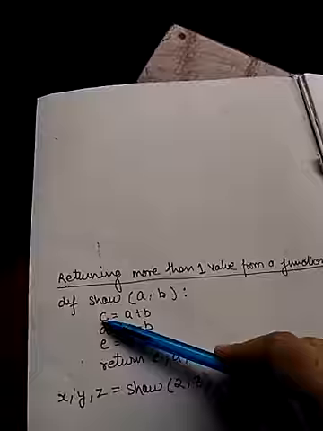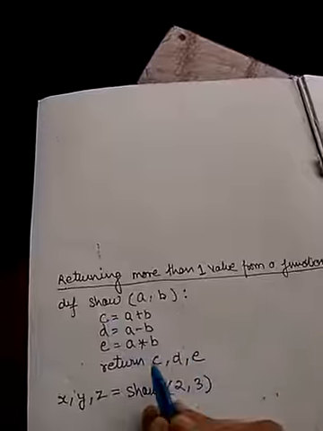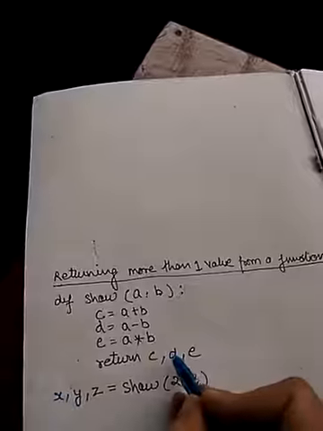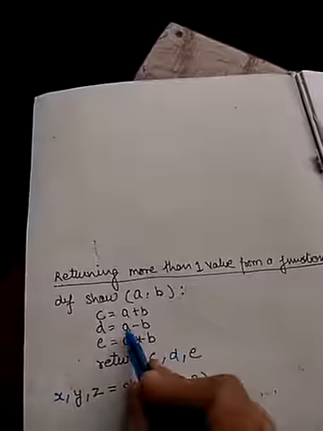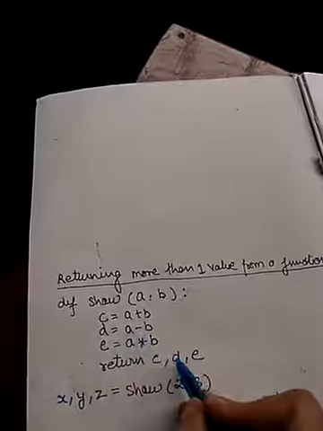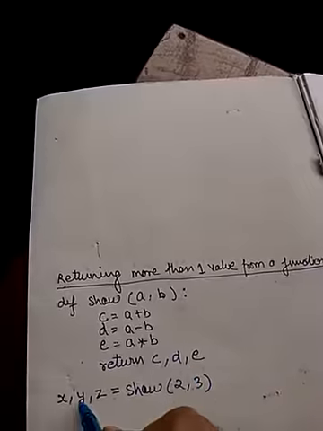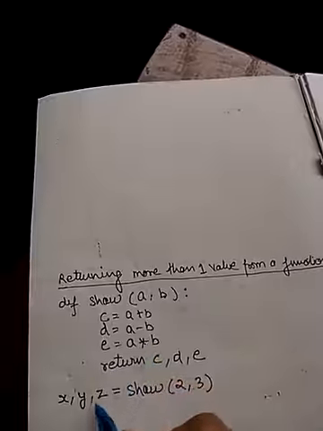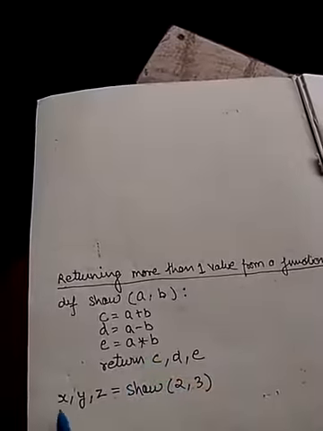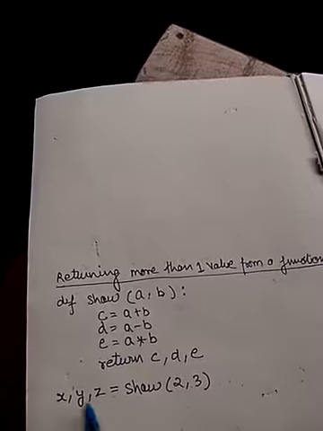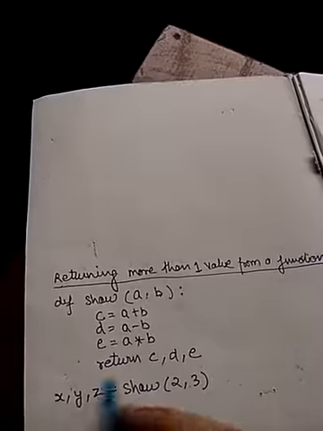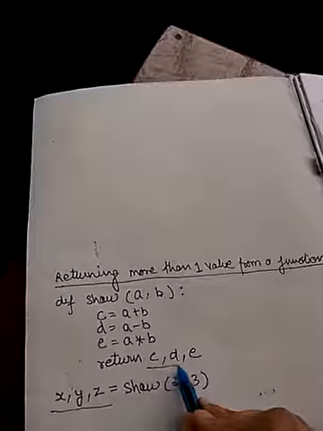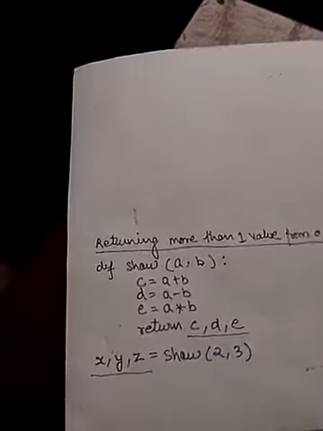2 plus 3 is 5, so c will be returned and that will be stored in x. 2 minus 3 is minus 1, minus 1 will be returned and stored in y. 2 times 3 is 6, 6 will be returned in z. So these three variables x, y, z will take the corresponding values of c, d, e.